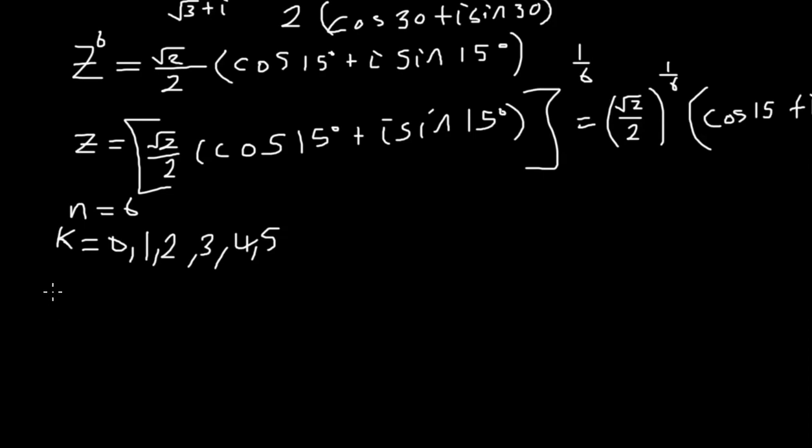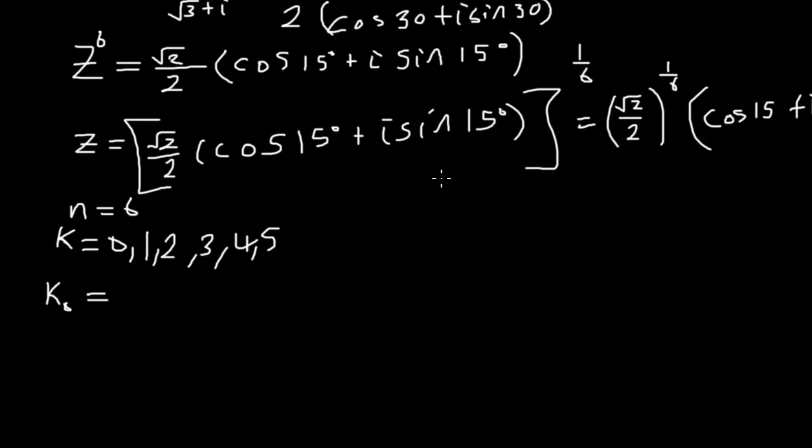So when k is equal to 0, let's find the argument. Before you start finding the argument, I would advise you to check the angle and the quadrant where this complex number lies.